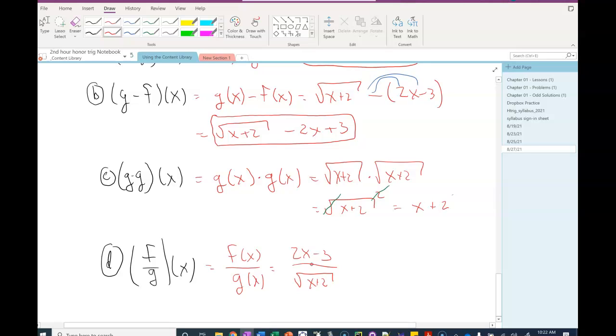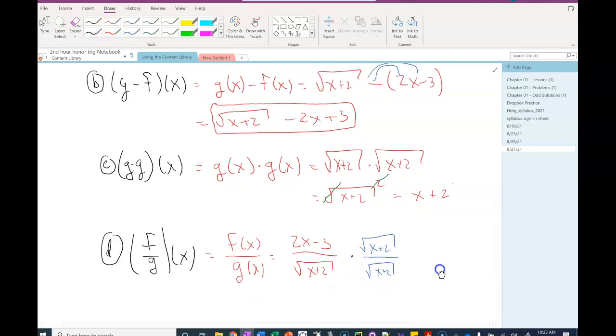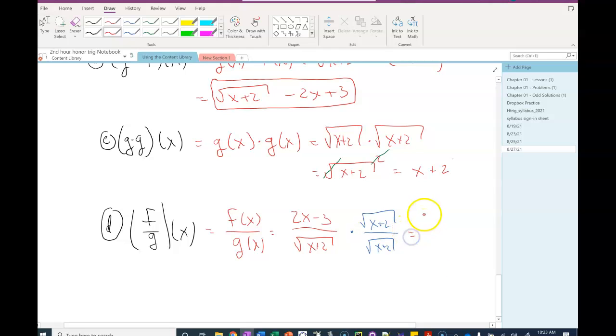John? Yeah, so typically we don't like to leave a radical in the denominator. And I'd be good with leaving it that way.